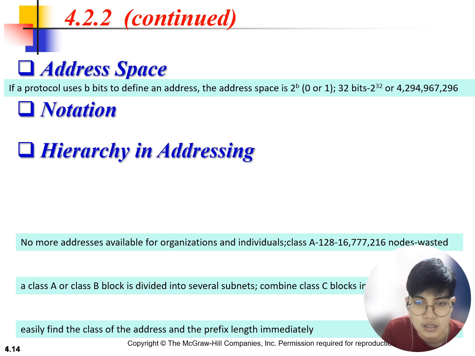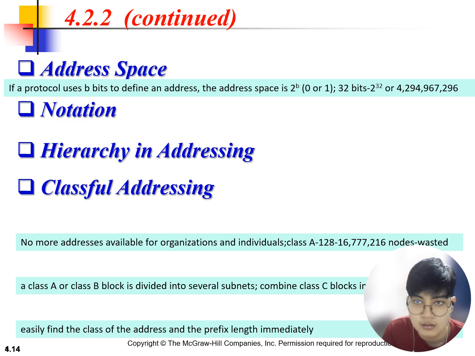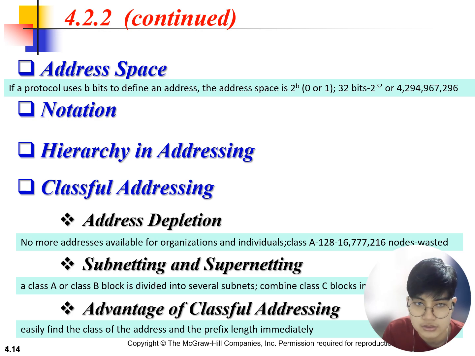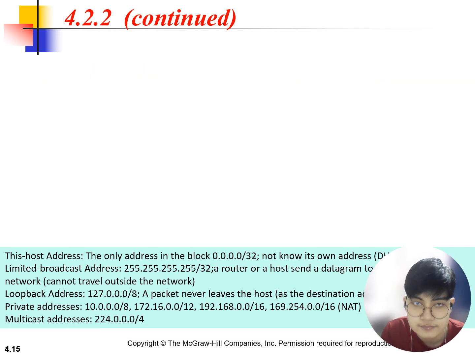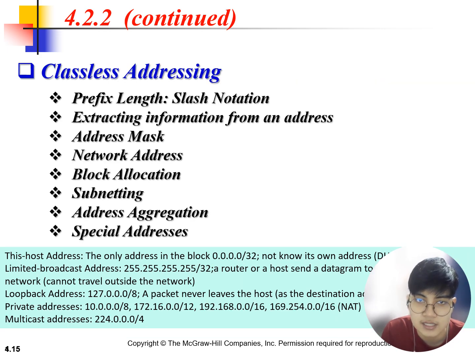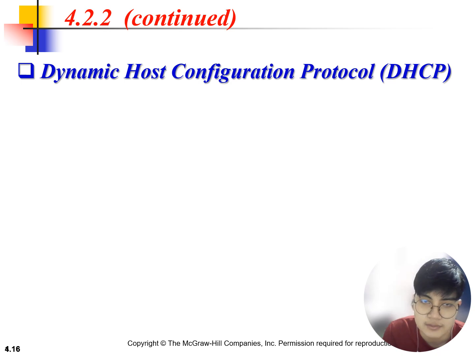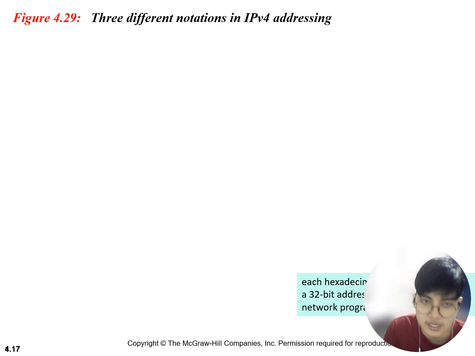Address space is 32 bits. Notation, hierarchical addressing, classful addressing, classless addressing, extracting information from an address, mask, network address, block, subnetting, address aggregation, special addresses, Dynamic Host Configuration Protocol, and NAT.